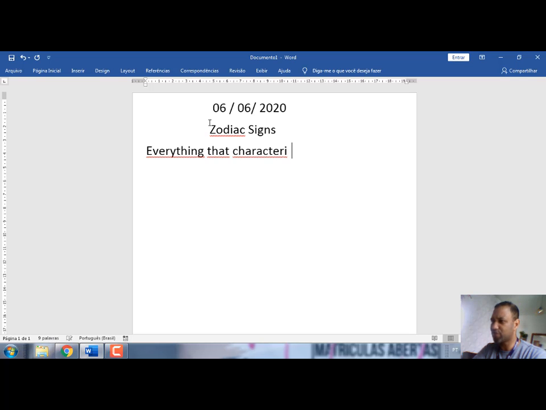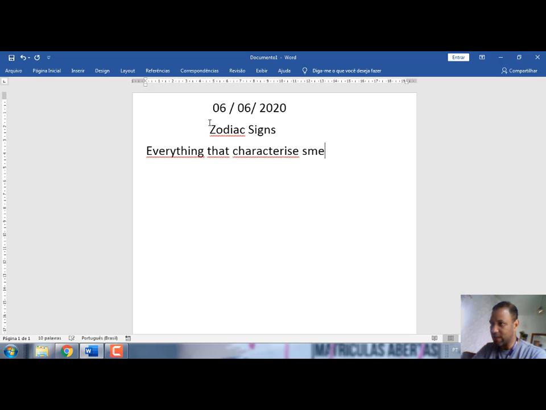I don't know how to write "characterize". I forgot. Okay, there's no problem, I'll take a look later. It's everything that characterizes something, an object.